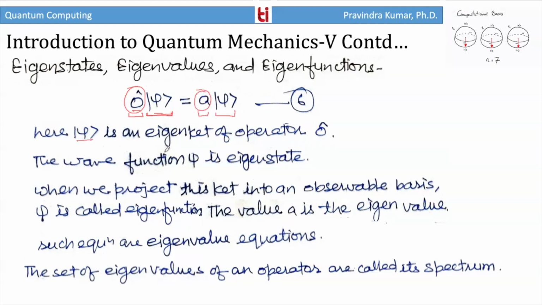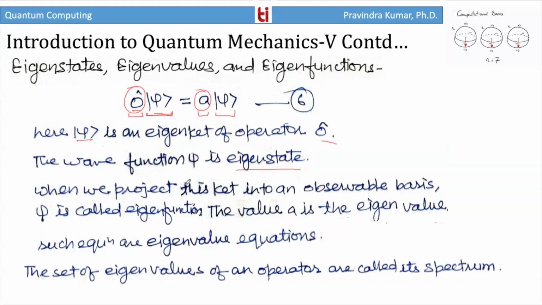Here psi is the eigenket of operator O, or eigenvector. The wave function psi is the eigenstate or eigenvector. When we project this ket into an observable basis, psi is known as the eigenfunction. The value a is the eigenvalue here, and this kind of equation is an eigenvalue equation.